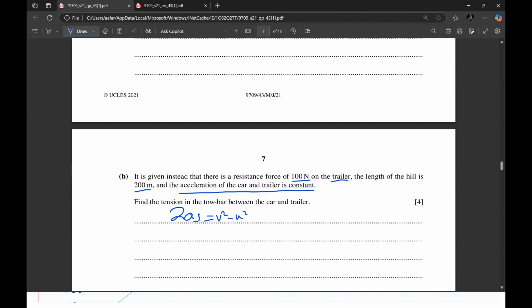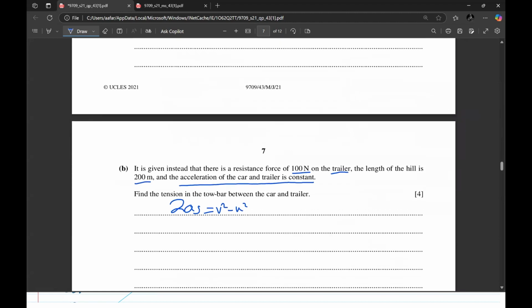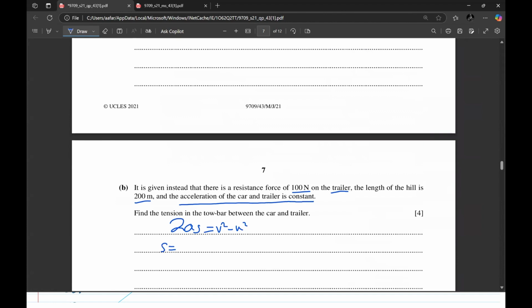Yeah, we can do that, but I find that finding acceleration from the whole system and then using a single equation from either the trailer or car is basically a quicker method, since then you don't need to solve simultaneously. Just get acceleration in the first equation, boom, and then you can find tension from the second equation. If you take the whole system, the tension cancels out, so there is no simultaneous equation to solve.